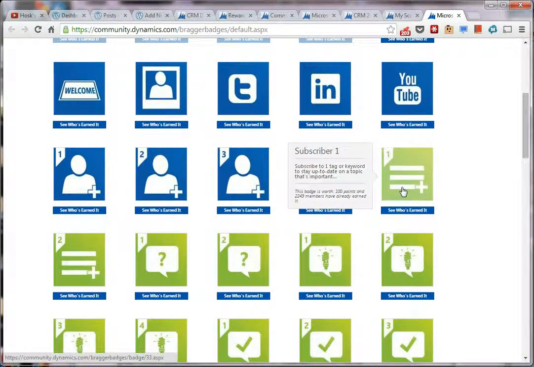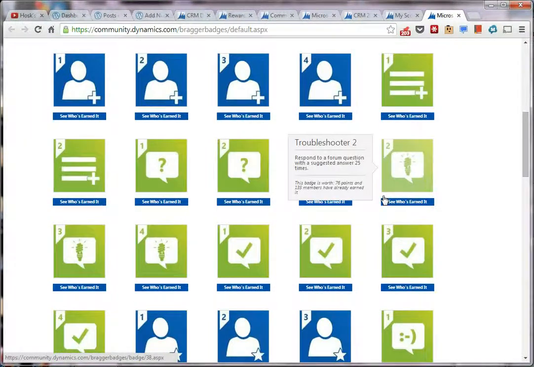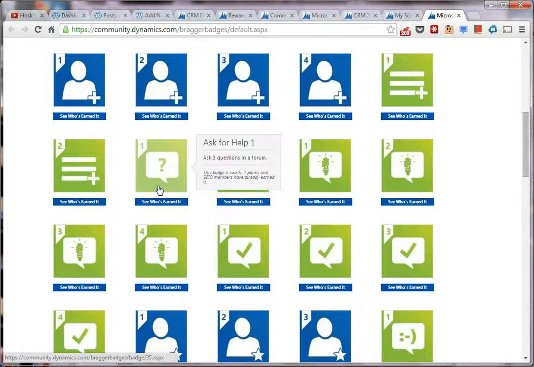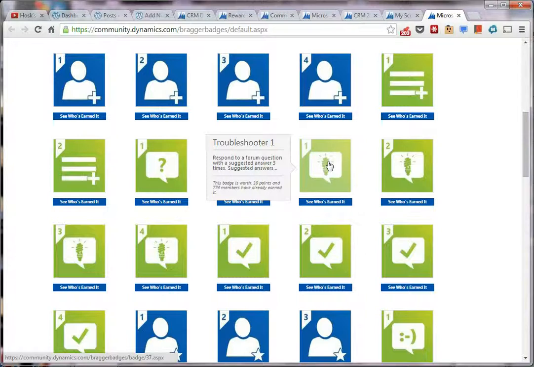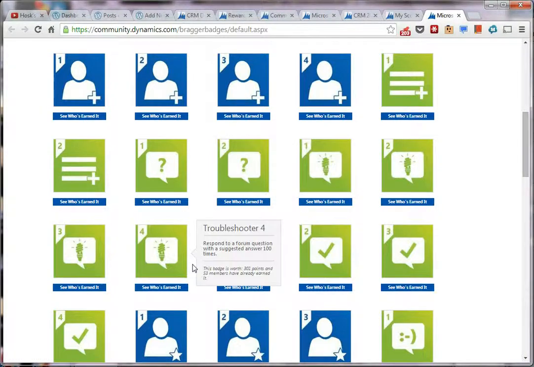And there are other ones. Subscriber: you can subscribe to keywords, which is actually quite useful. Ask for help: you can post forum questions, and you get a badge for it. Troubleshooter: if you answer forum questions, you'll get these badges.